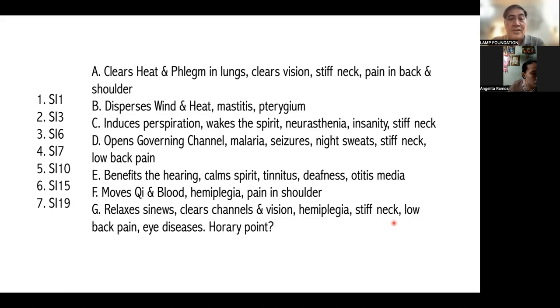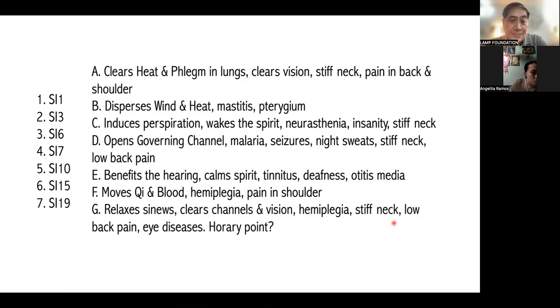Horary point, ibig sabihin, far point. Horary point also. Okay. Tama po. Is SI6 a far point? Far point of the fire. SI, fire channel. Fire. Di ba? Fire. Okay.